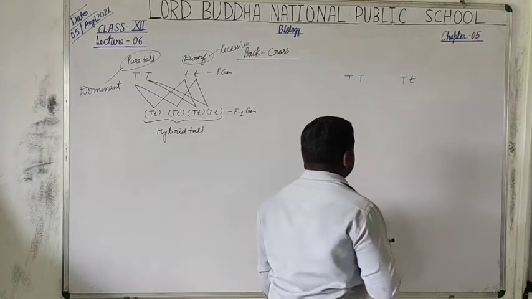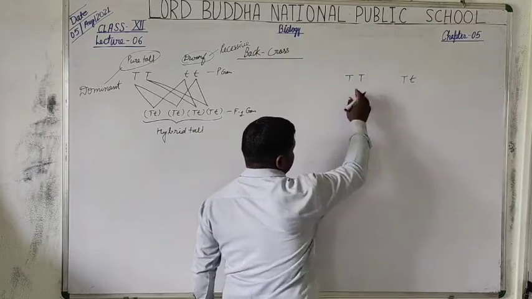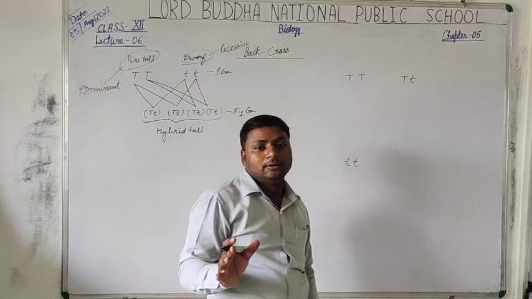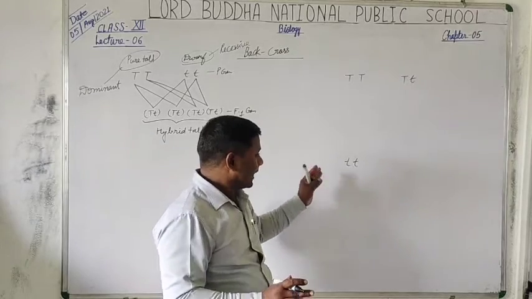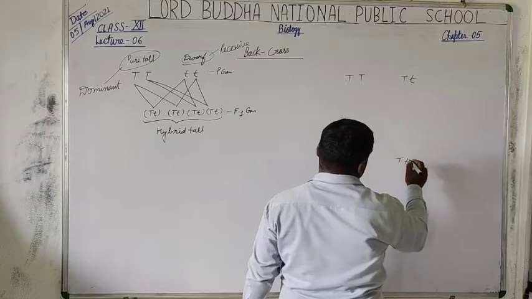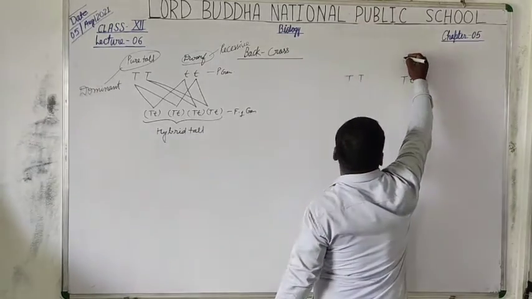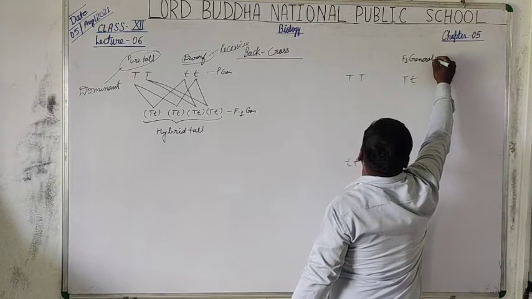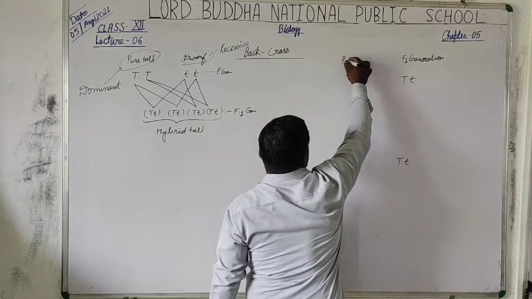We can take either the dominant or the recessive parental trait in back cross. But always the cross is made with the individuals of the F1 generation. This is the individual of the F1 generation and this is the parental generation.